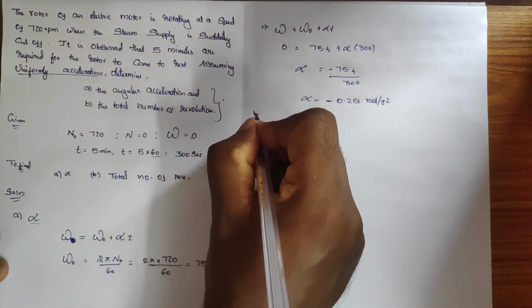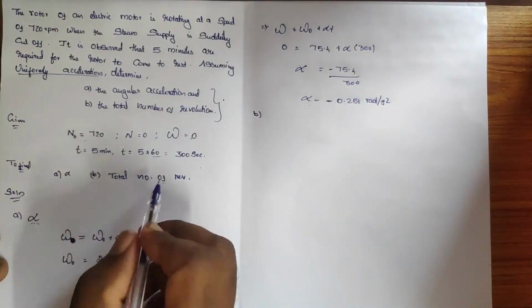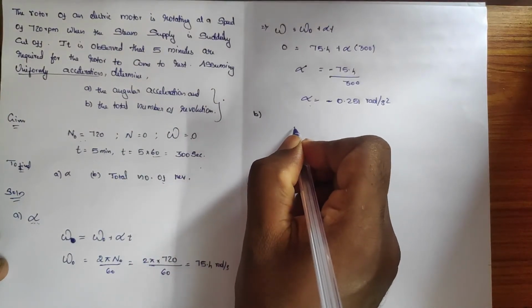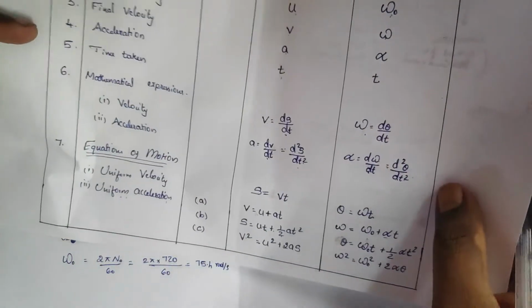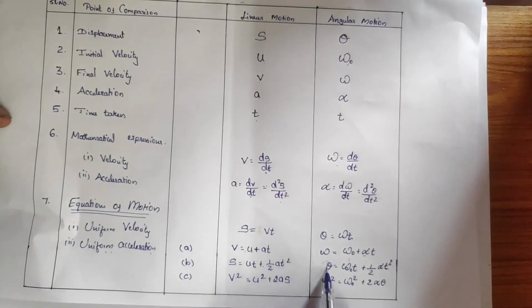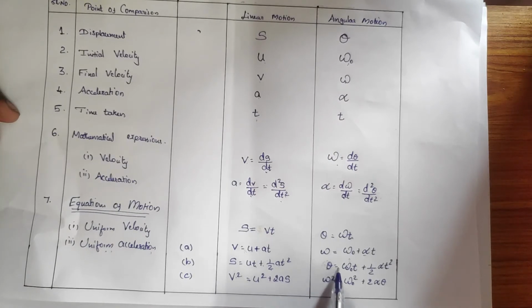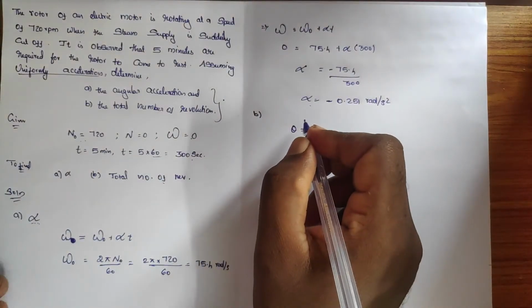Then coming to B, the total number of revolutions. To identify it, I am going to take the formula for the angular displacement theta, which is equal to omega naught t plus 1 by 2 alpha t square. The same formula I am going to apply here.